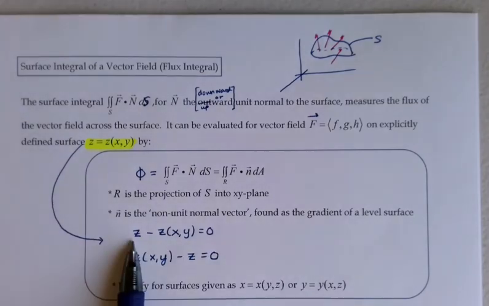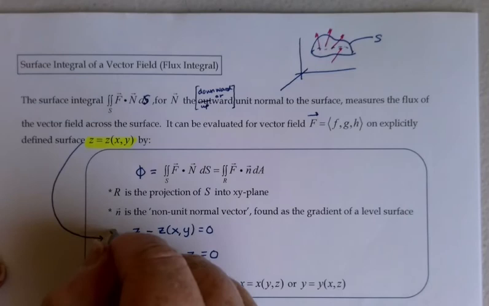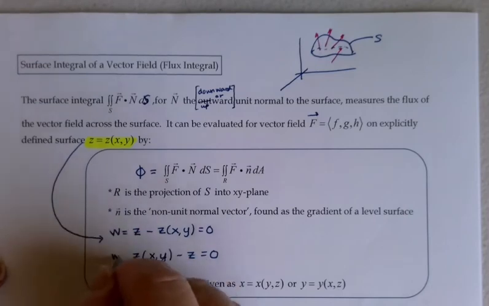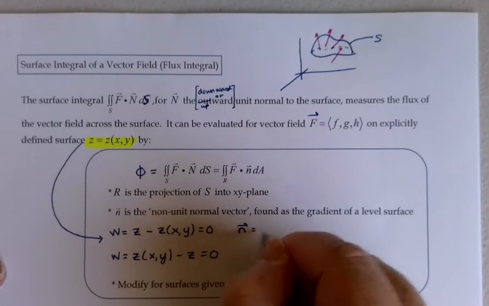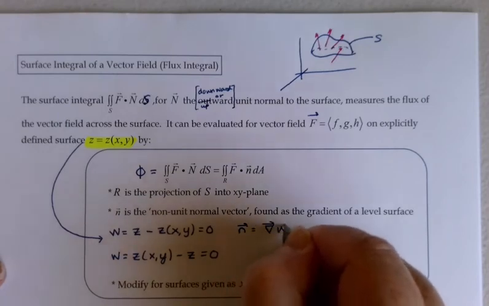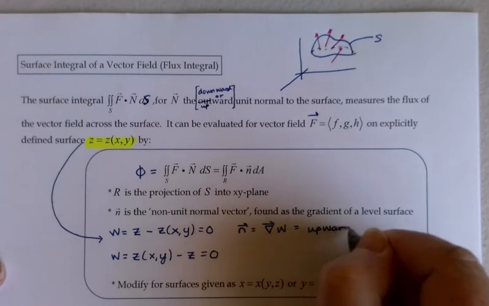Here, where I keep the Z positive, this one's going to give me the upward normal. And here where I make the Z negative, that's going to give me the downward normal. So either way, if I call this W, then N, the gradient of W, in this case would be the upward normal.